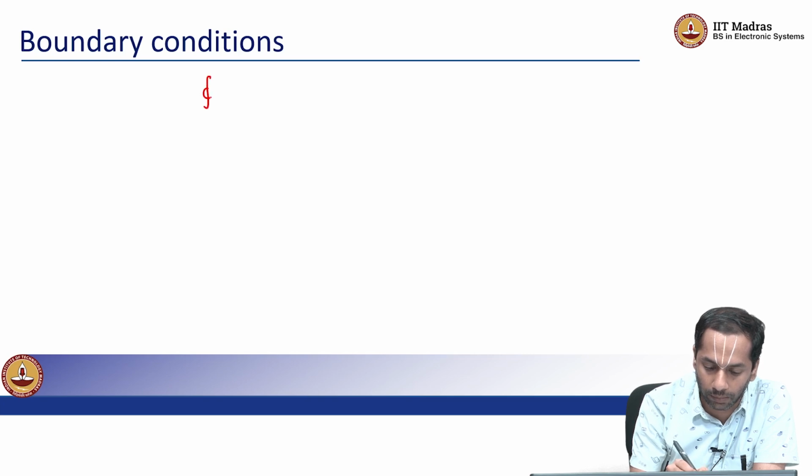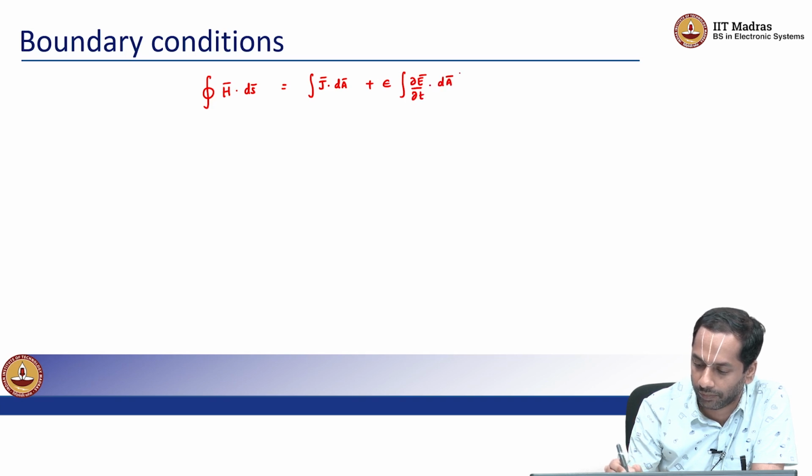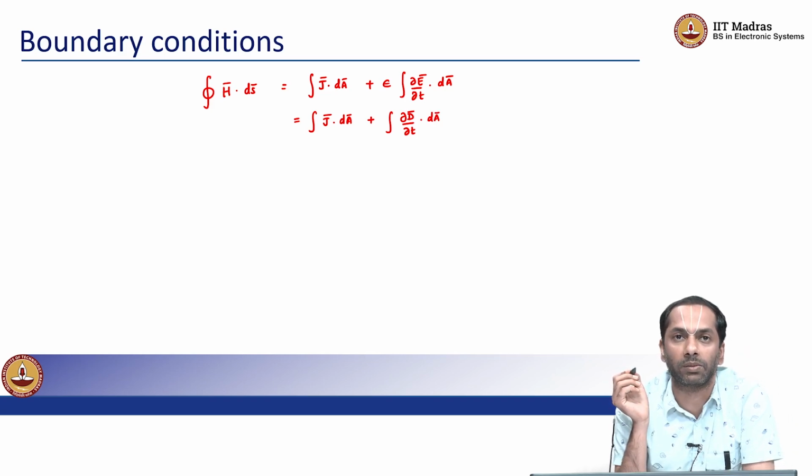So in the integral form, it is the closed loop integral of H dot ds is the surface integral J dot dA plus epsilon integral dou E by dou T dot dA, right, or I can also write this as using the displacement vector d.